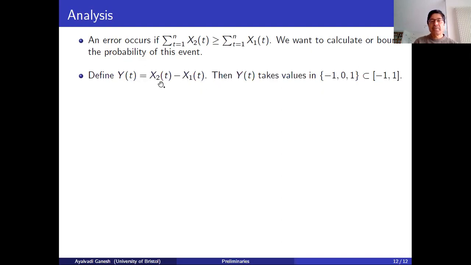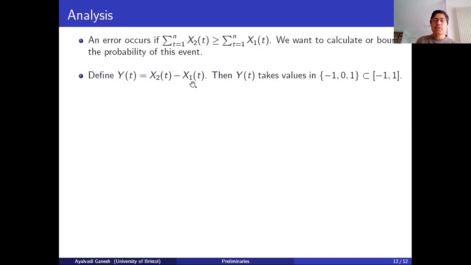We observe the reward we got the t-th time we played the second arm, and the t-th time we played the first arm, and Yt is the difference here. An error occurs if the sum of these Yt's is positive. That's what this is saying here.